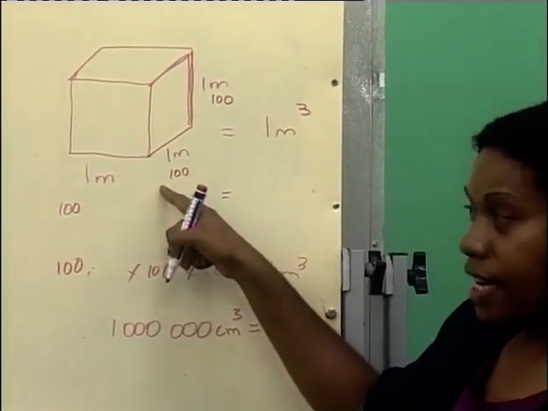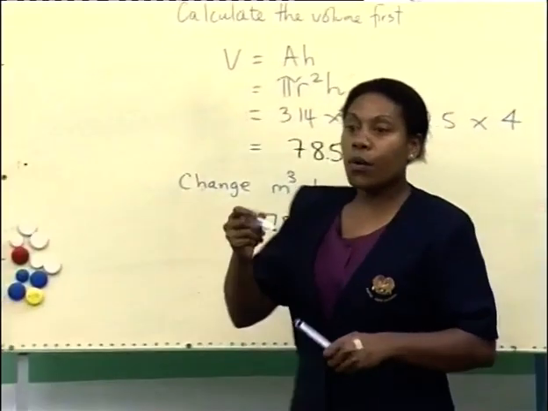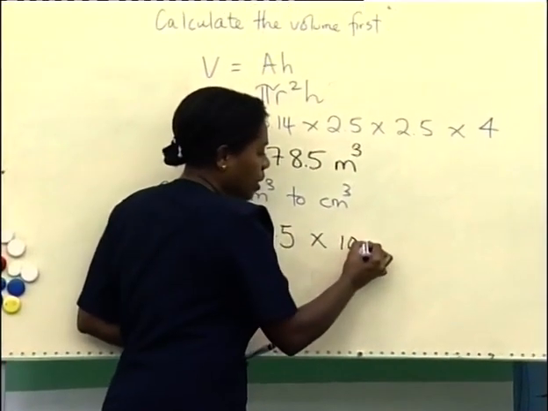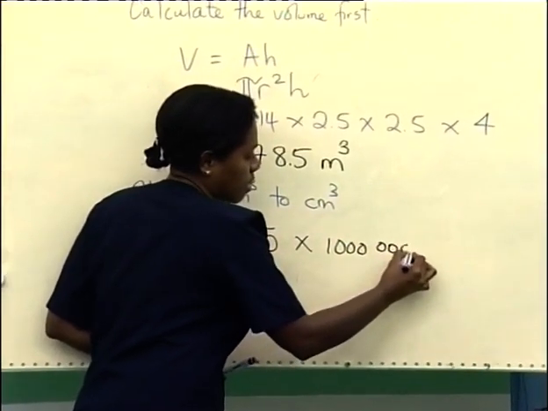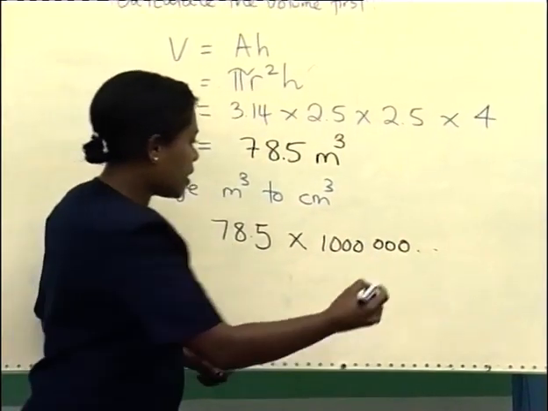Can you see? So, 78.5 times 1 million cubic centimeters.